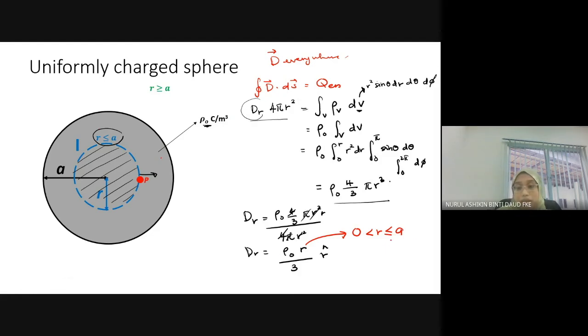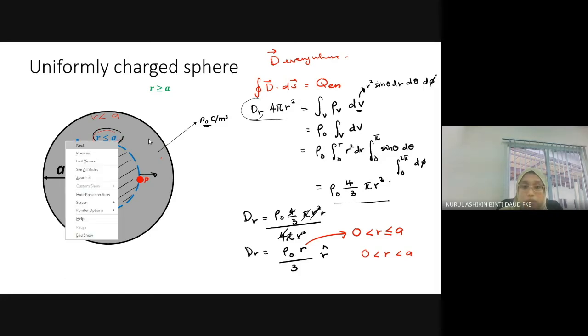This is the range of my r, because I set r less than a. If I make it r less than a like this, my range of r will be 0 to a. Do you agree with me? It depends on what range you have set here. So this is when r is less than or equal to a.